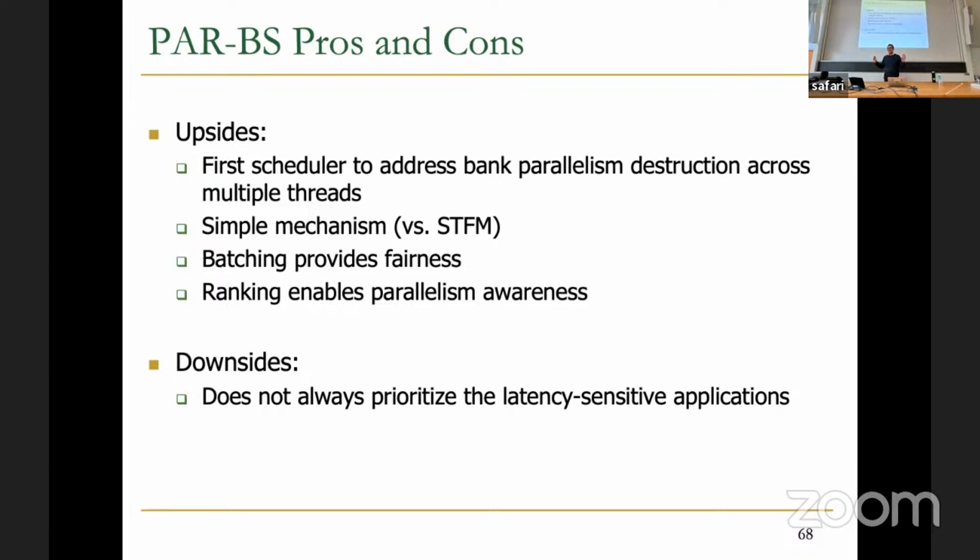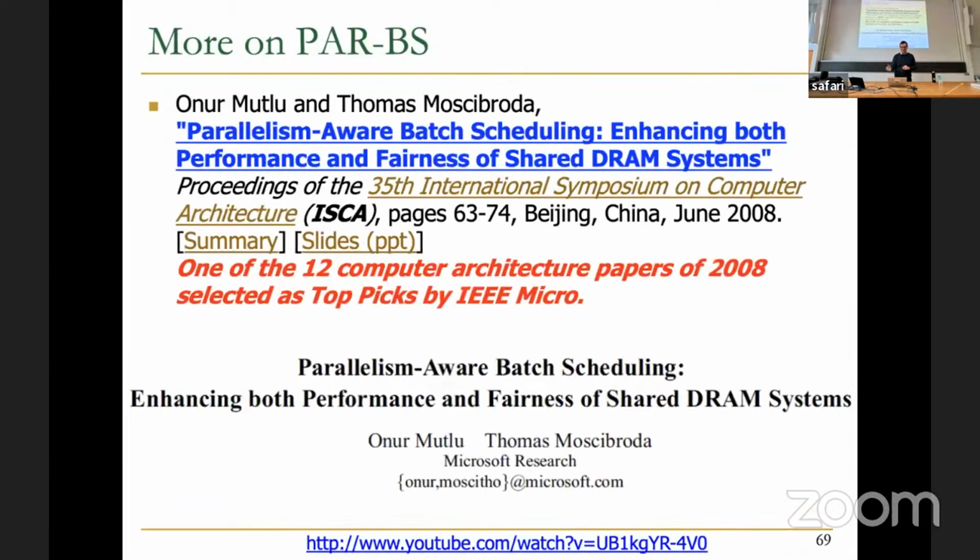So you may get unlucky as a latency sensitive or low memory intensity core. This is the problem that we're going to try to solve in later works in a hopefully better way. Okay, this is the paper.